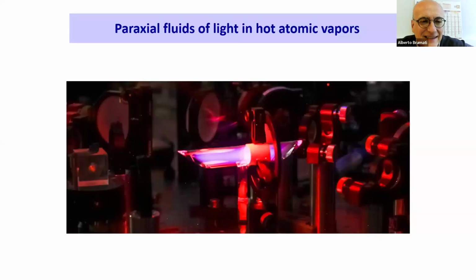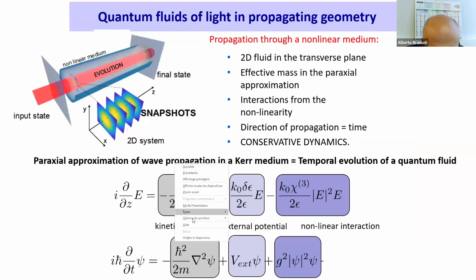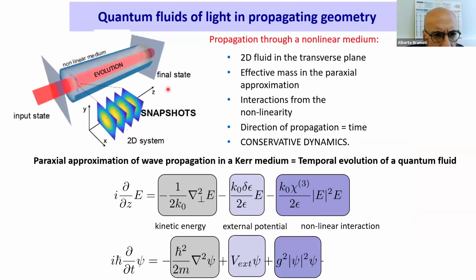Okay, good. So in the second part, I would like to discuss a bit a different kind of fluid of light, the so-called paraxial fluid of light in a hot atomic vapor in our case. The experimental configuration is even simpler than before because we have no cavity.